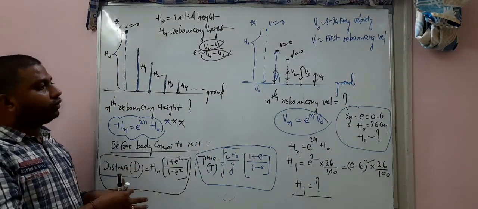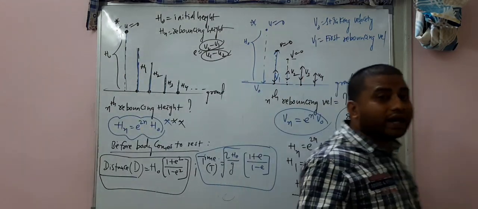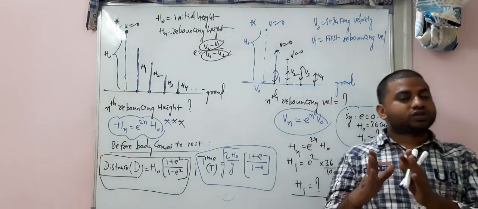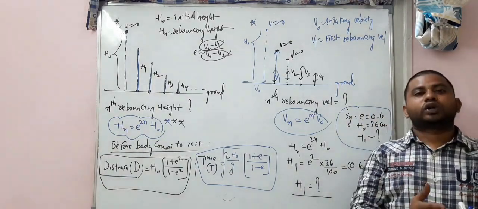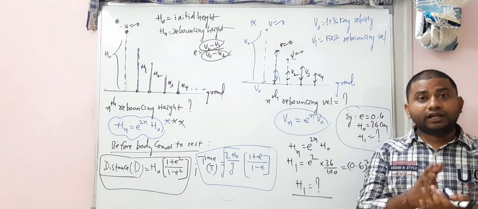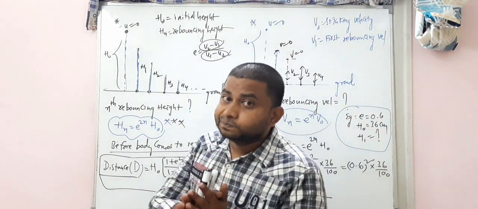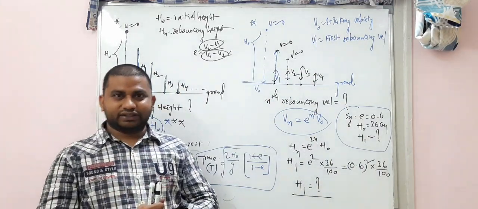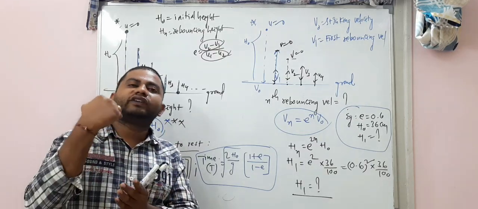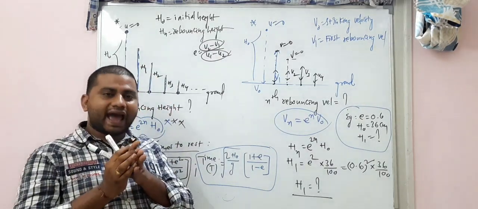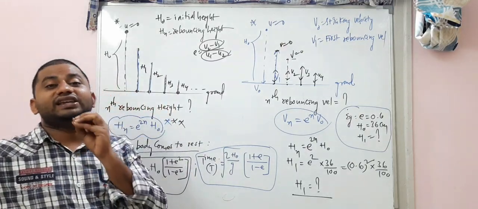So this is the concept of coefficient of restitution, where there is a potential for a question in the NEET exam. Okay, now we'll continue the concepts of collisions. Till now, my dear students, we have discussed one-dimensional collision. Now two-dimensional collisions also we will see, because they are important for the JEE exams.